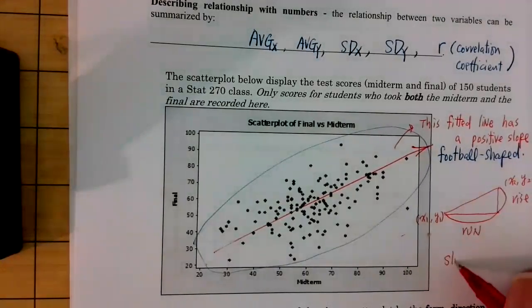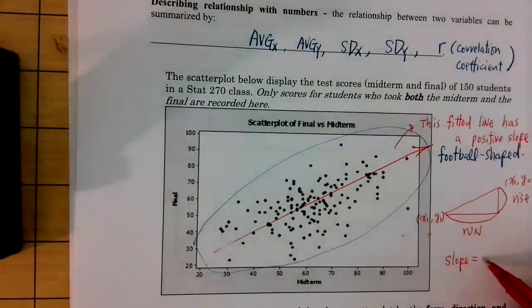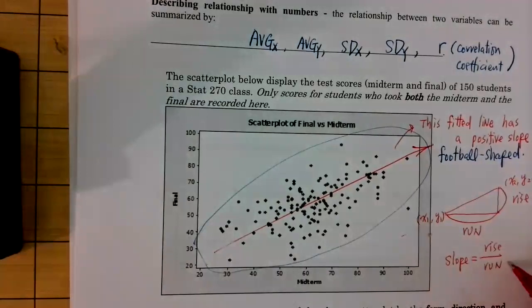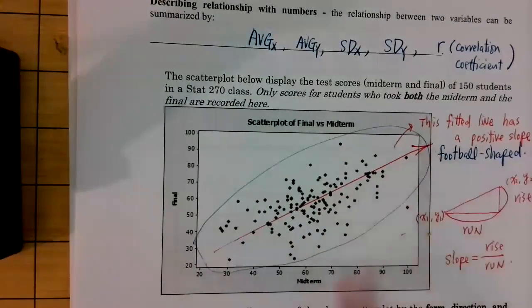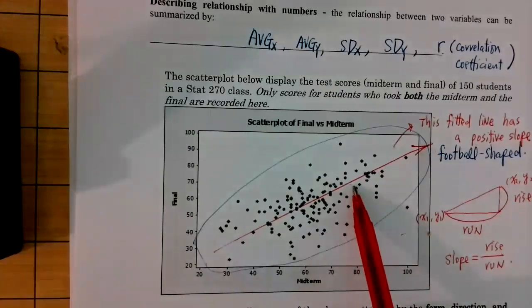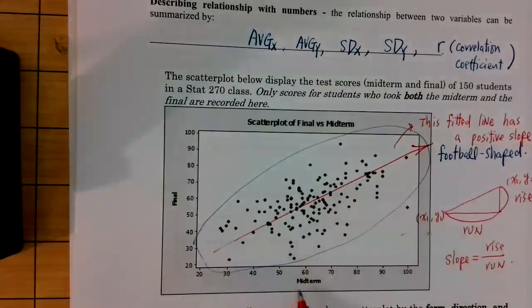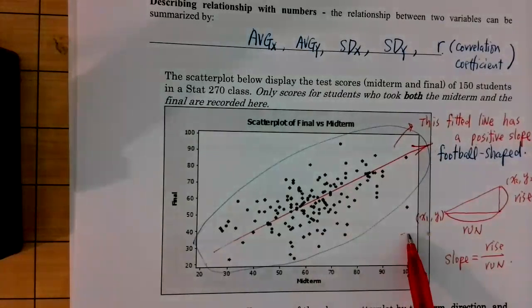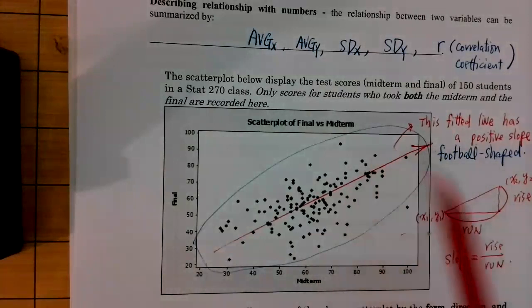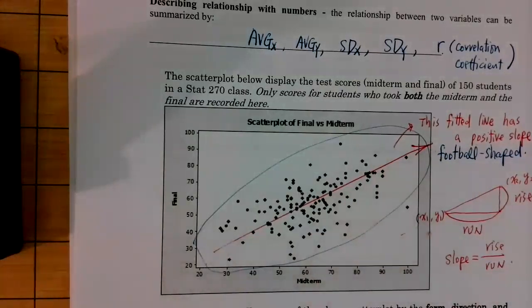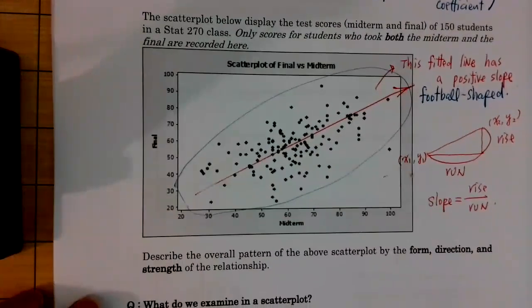And slope is defined to be rise over run. In our example, you find the slope has a positive slope. That means as x increase, y also increase. Okay? Apply to our example. Whenever you see a student get a higher score on the midterm, you also expect this person get somewhat higher in the final. That's positive association. Okay? That's what we call positive association.